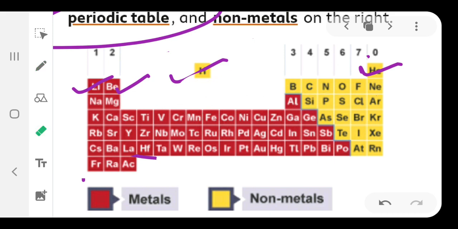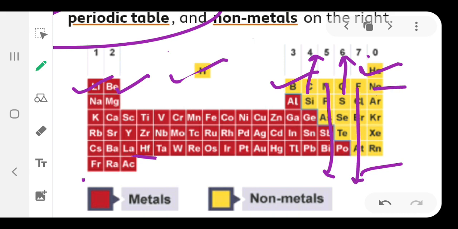Then we have capital B for boron, capital C for carbon, then N for nitrogen, O for oxygen, F for fluorine, Ne for neon. Then Na is sodium, Mg is magnesium, Al is aluminium. This series goes on and on.